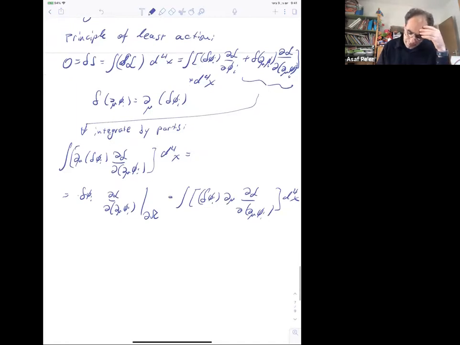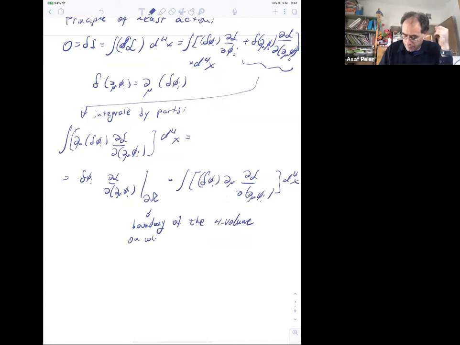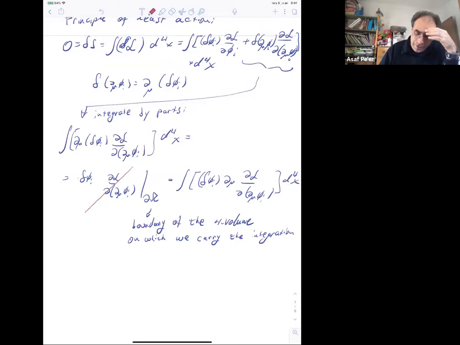This is the boundary of the 4-volume on which we carry the integration. So this term here cancels out, because delta phi_i is 0 on the boundary.